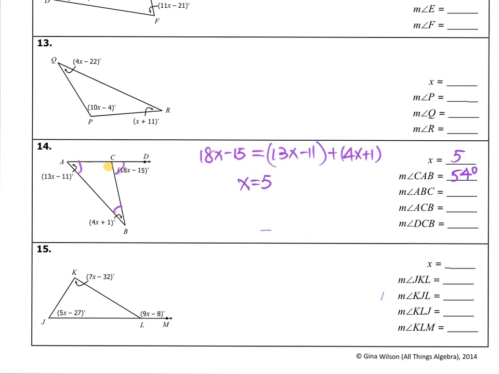Angle ABC, plug it in, you should have 21 degrees. Angle ACB, there are 2 ways of doing it. You can use 180 minus 54 minus 21 using the triangle sum theorem. Or you can find angle DCB first, which is 75 degrees, and then use linear pair, 180 minus 75. You will get the same answer, 105.